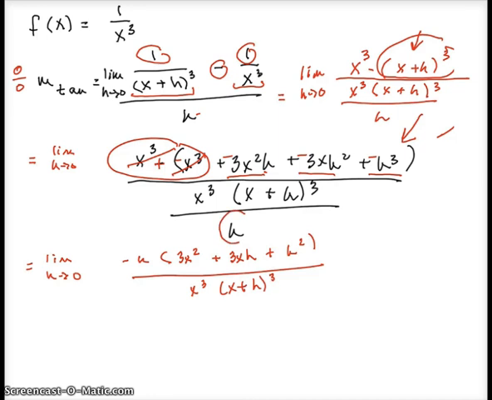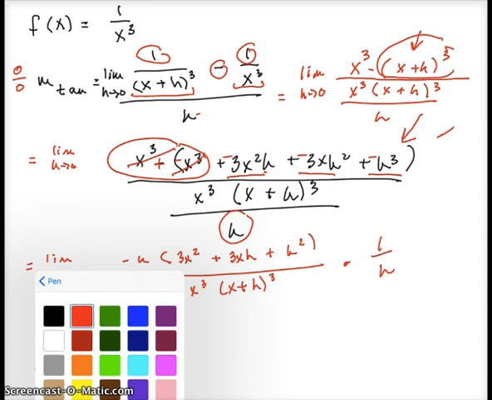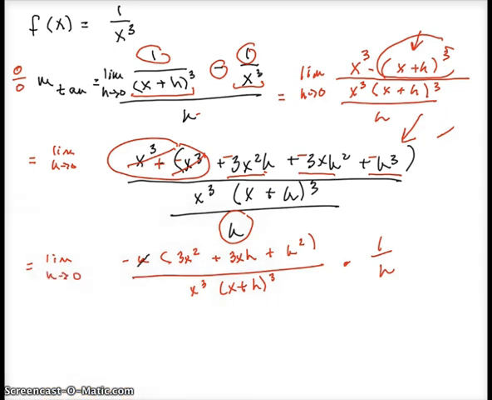And how do I divide by this h? I multiply by its reciprocal, 1 over h. And finally, I can cancel this pair of h's. And as soon as they're canceled, now it's okay to evaluate my limit as h approaches 0.